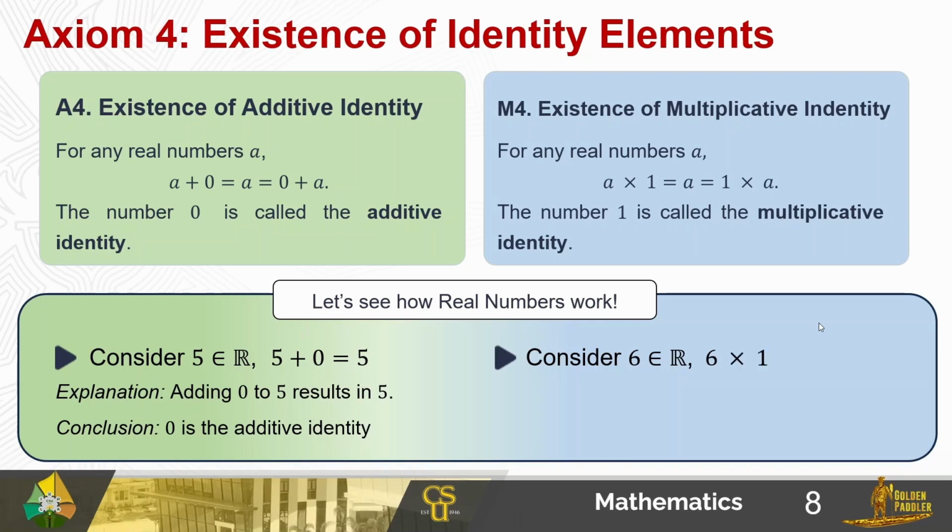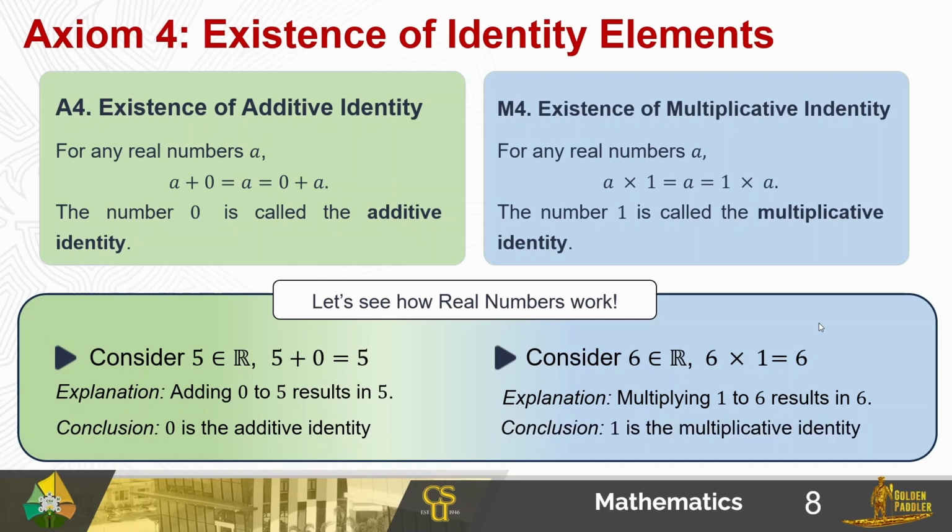Multiplying 6 by 1 will again give us 6. So, it does not give us another result, but it gives us the same number. So, it means that 1 is a multiplicative identity. Now, the existence of identity element simply states that if we add 0 or multiply by 1, whatever the number is, it will leave us with the original number.